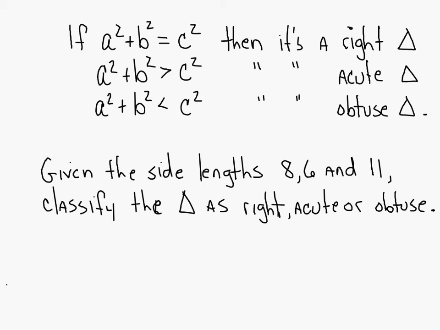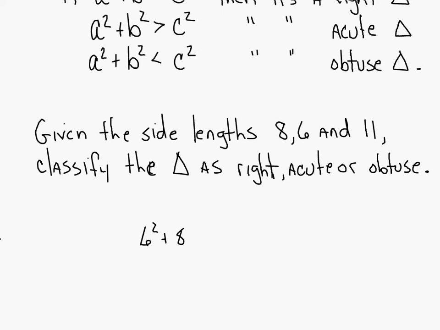So now, you've got 6 squared plus 8 squared, and you're trying to see how that relates to 11 squared. So put a box there if you want. So you've got 36 plus 64, and how does it relate to 121? All right, 36 plus 64 is 100, isn't it?